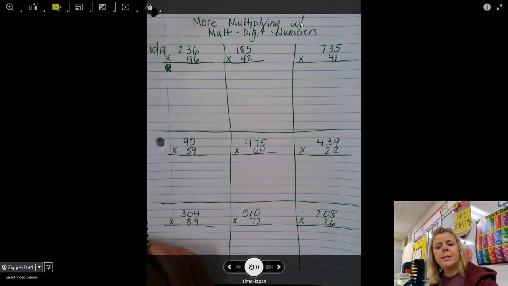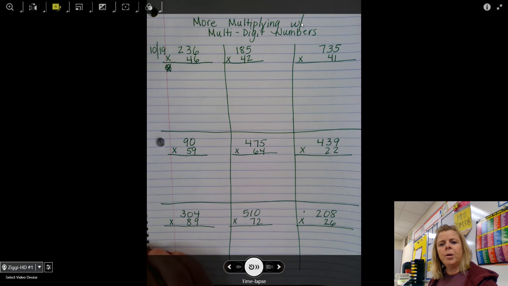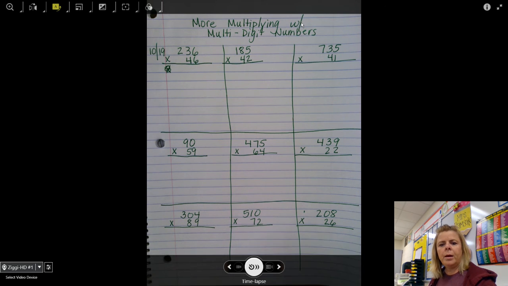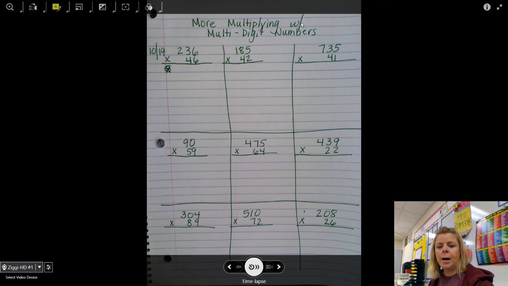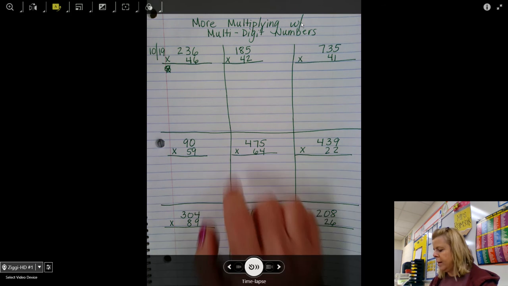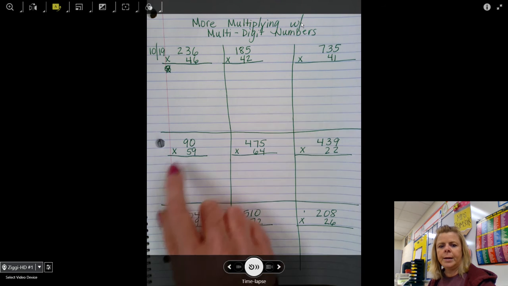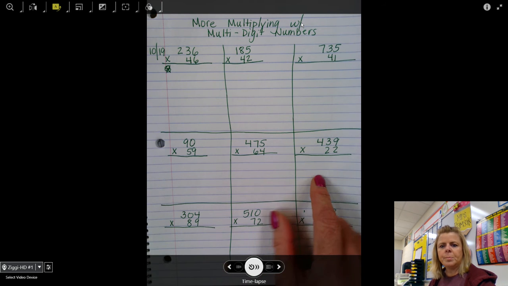Okay, welcome back. Take a minute and hit pause and go ahead and solve each of the problems using your pencil in your notebook. When you come back, I will share all of the answers on a separate page. I'm going to talk through how I got each of the answers. So take a minute right now, hit pause again, and solve all 9 of the problems as fast as you can.